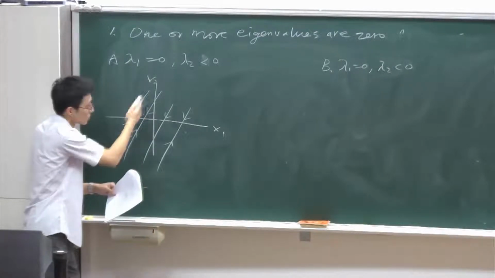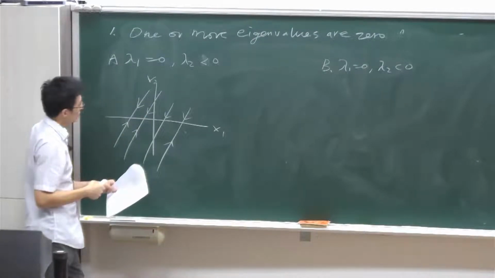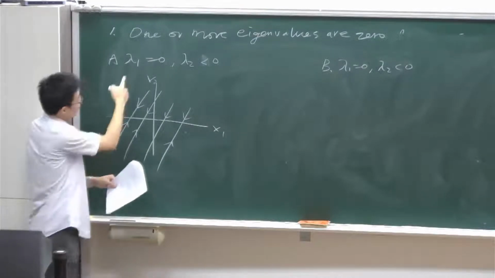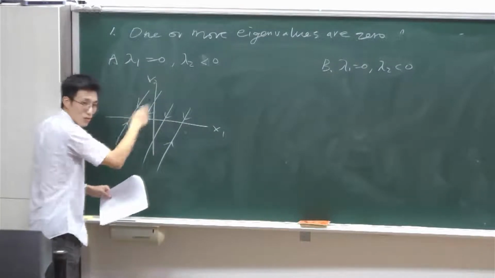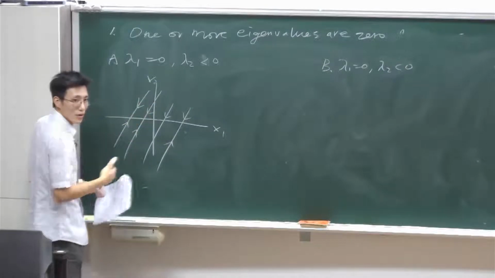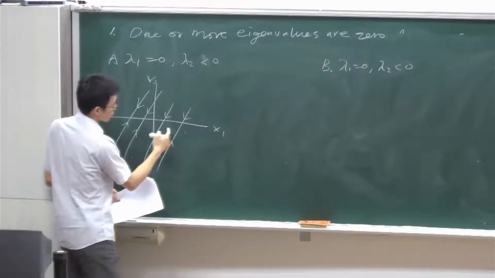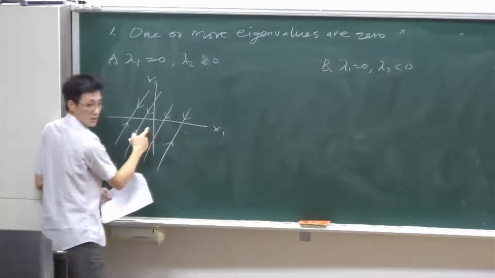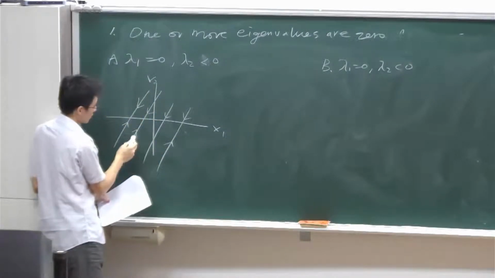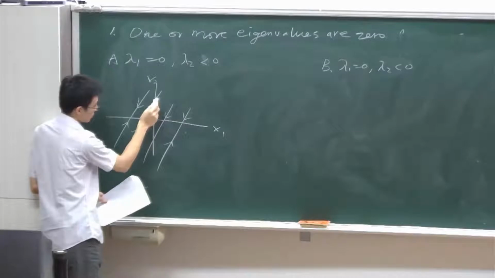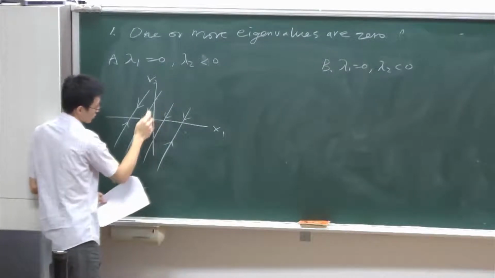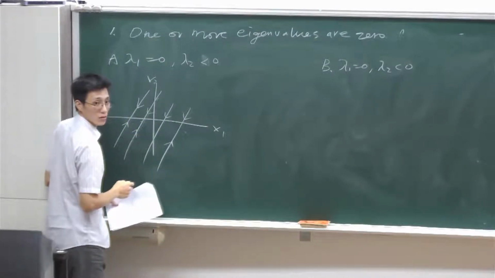Because one of them is 0, it goes in one direction, kind of one way. But this one is stable, because however you put a point here or here, it's trying to go back to this equilibrium point.